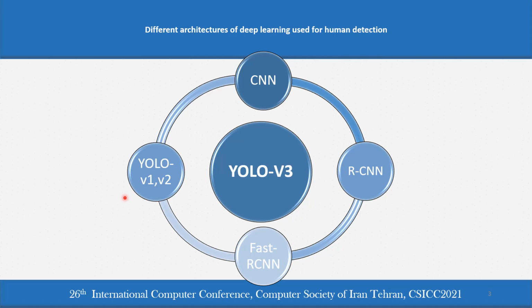It searches for the most proper anchor box shapes to find objects easily. YOLO version 2 uses Darknet-19 with 19 convolution layers and 5 max pooling layers for feature extraction. But it also suffers from the issue of small object detection.